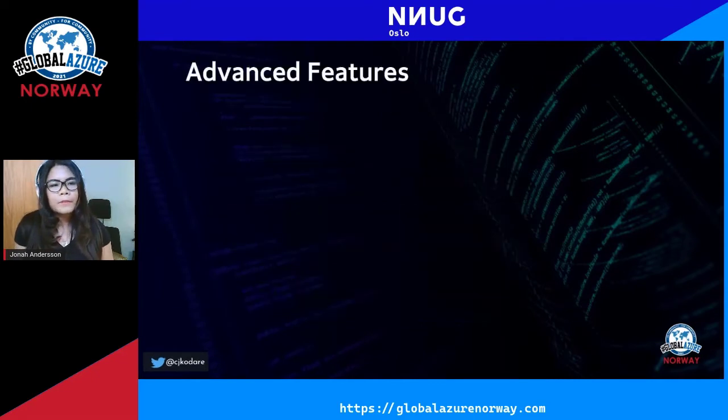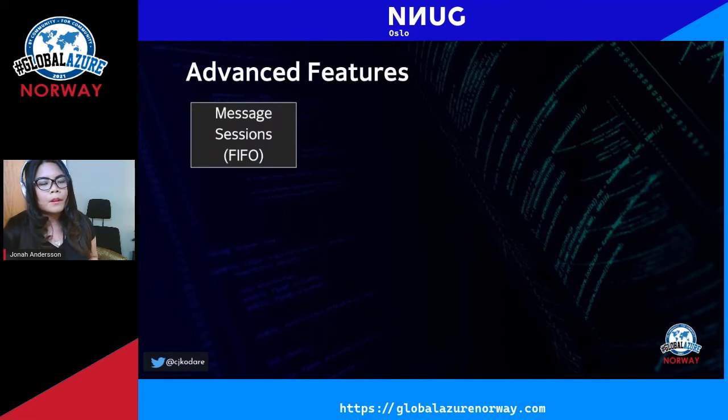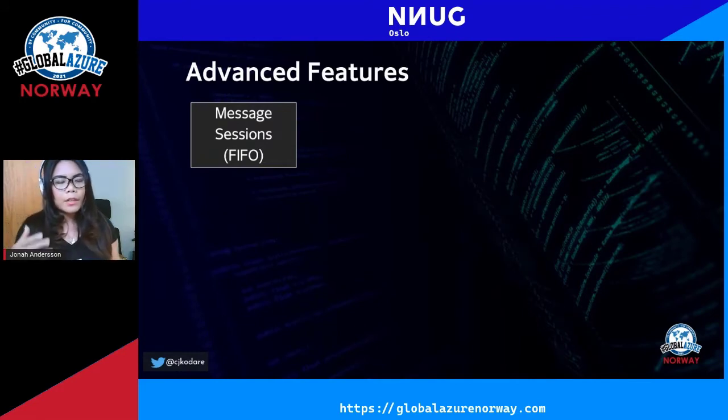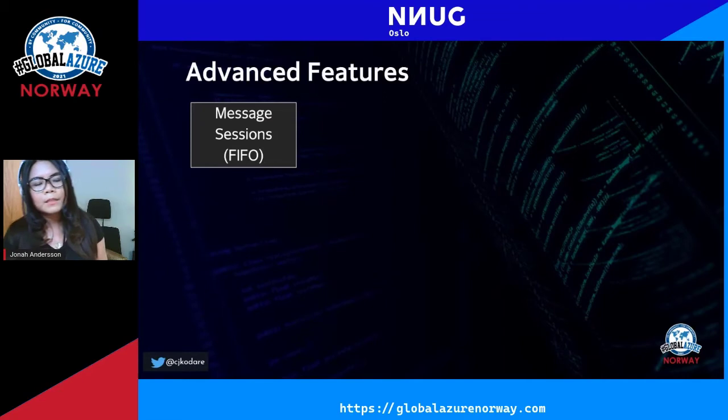So advanced features in Azure Service Bus are used to solve complex cloud messaging problems. For example, message sessions, first in, first out, which means you can have your messages in order using the standard first in, first out method.